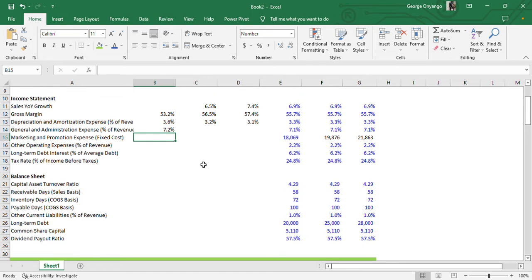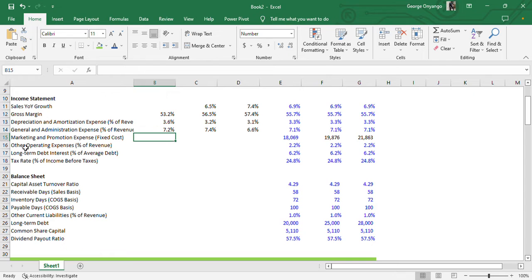So we can fill that right to get this SG&A across the 3 years.